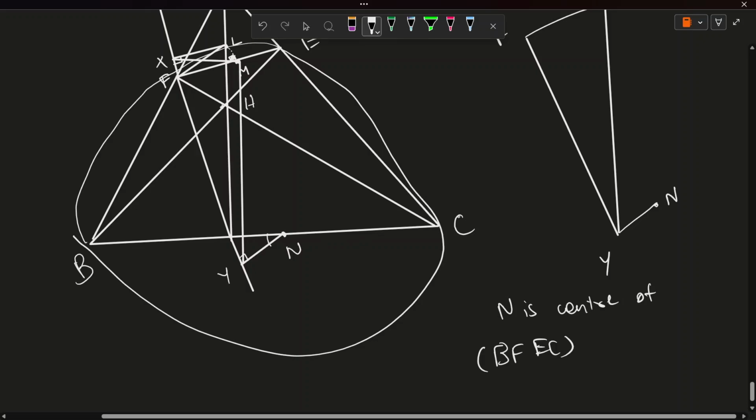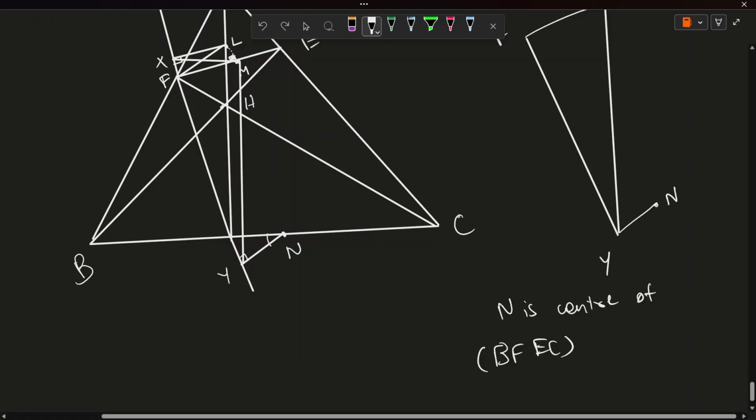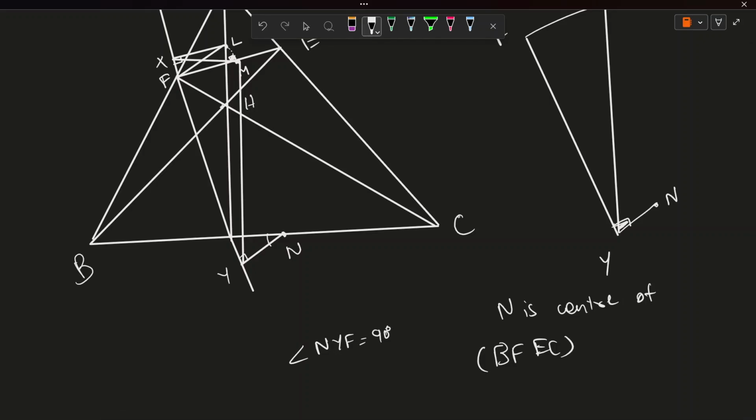It is well known that this is cyclic, and N is the center because N is the midpoint of BC by the problem statement. So N is the center of the circle, and by the same criterion we just used, if we drop a perpendicular, angle NYF is equal to 90 degrees by construction.